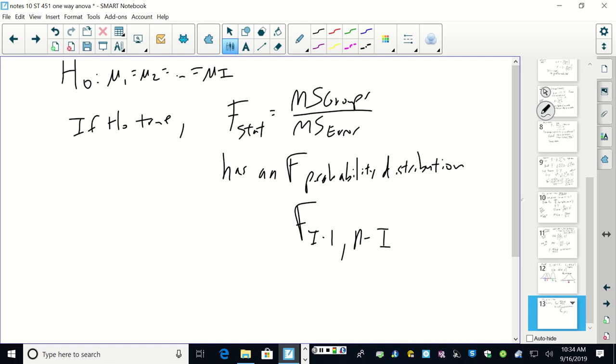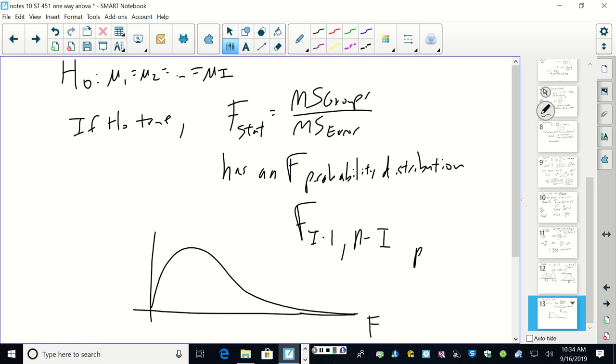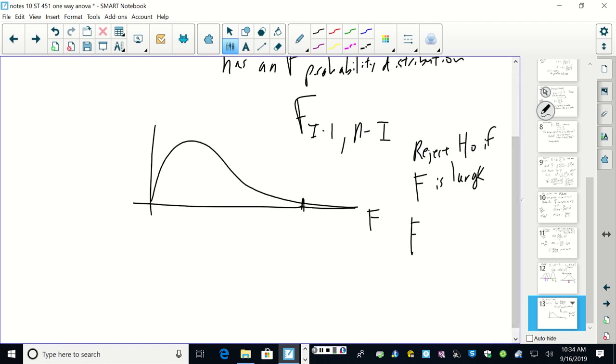And so under the null hypothesis, F is skewed right. We'll reject the null hypothesis if F is large, if it's greater than, say, the 95th percentile of our F distribution.